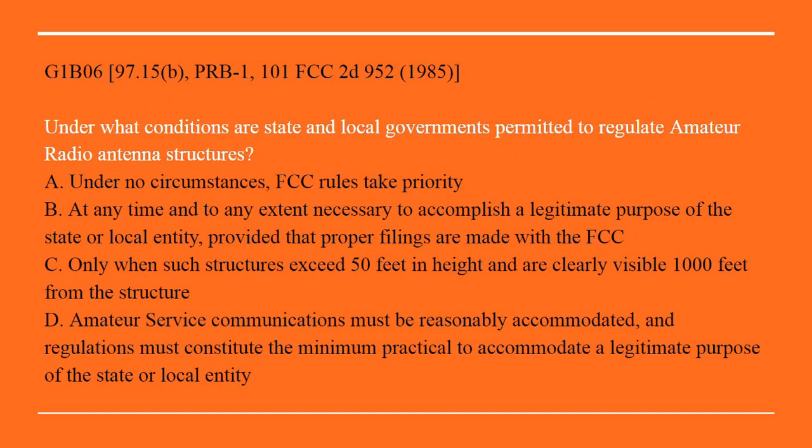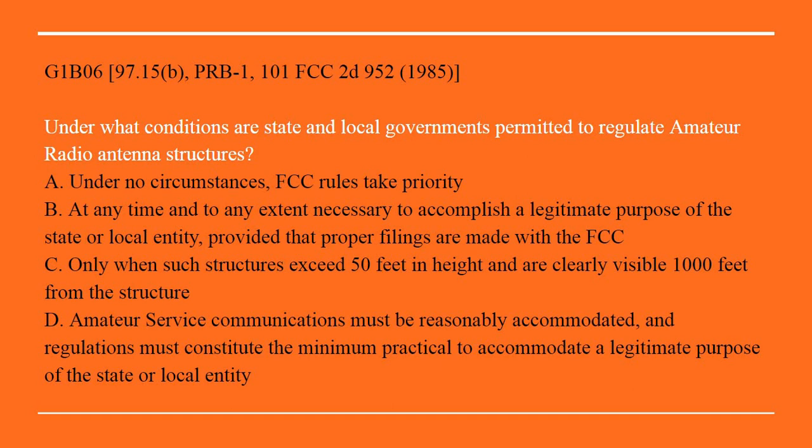G1B06. Under what conditions are state and local governments permitted to regulate amateur radio antenna structures? A. Under no circumstances, FCC rules take priority. B. At any time and to any extent necessary to accomplish a legitimate purpose of the state or local entity, provided the proper filings are made with the FCC. C. Only when the structures exceed 50 feet in height and are clearly visible 1,000 feet from the structure.